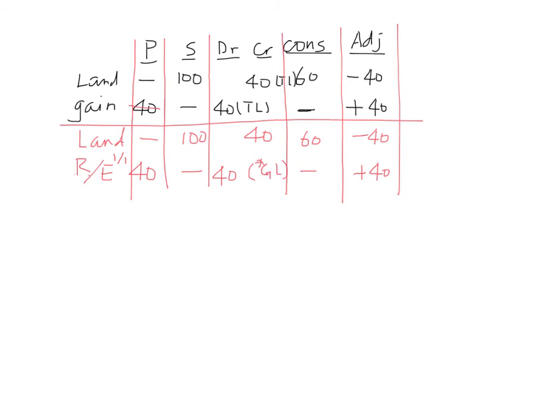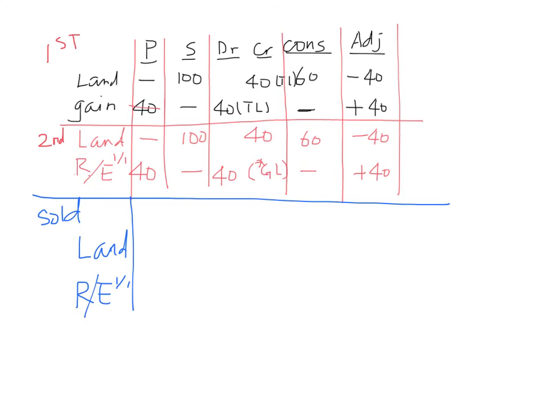So this is the first year, this is the second year, or the years after, and in the final year, when the land is sold, you want the land in retained earnings 1/1 or investment. I'm just going to use retained earnings 1/1 for consistency. In the final year, you can see now it's all gone.